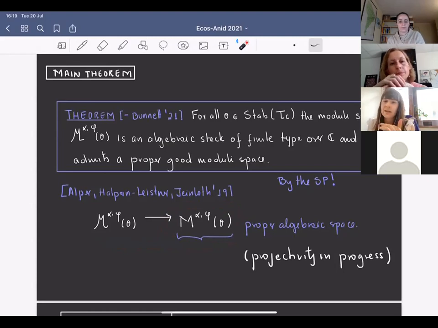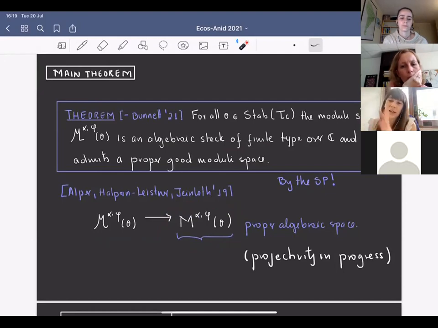Bayer and Macrì already constructed some nef bundles that are going to work pretty well in our case, and you can prove that they are actually nef, and then you can construct sections to prove that they are semi-ample and to prove the projectivity. What is nice about that is that since boundedness can be proved by hand, it gives you a way to prove that the moduli space is projective without using GIT.